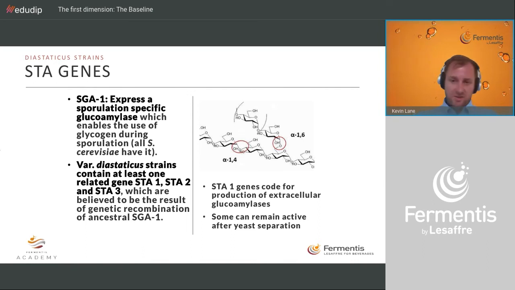With this image in the upper right, you can see the alpha-1,4 and alpha-1,6 bonds, which gives the capability of those breaking and thus forming smaller carbohydrates that are fermentable by yeast. Some can even remain active after yeast separation, which means that it's just kind of floating around in the media.